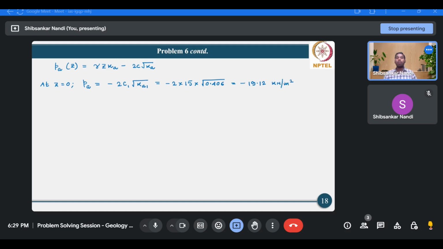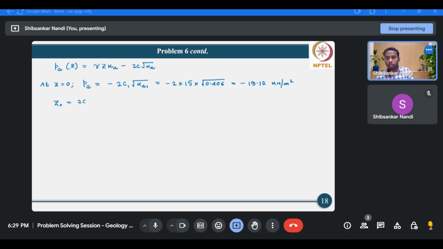Now since this is the cohesive frictional backfill, we also have to calculate the tension crack depth Z0 for the top layer.